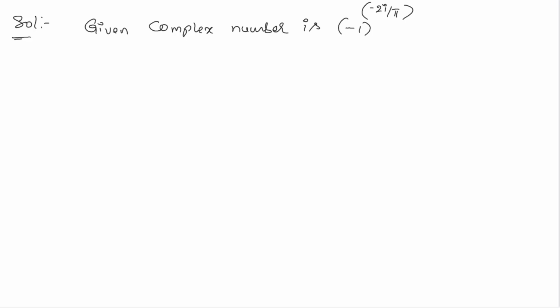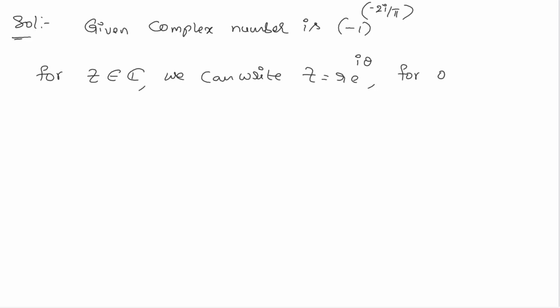So whenever we have a z in C, we can write z equal to r times e to the power of i theta, for minus pi less than theta less than or equal to pi, or in some cases this theta can be written with 0 less than theta less than or equal to 2 pi.